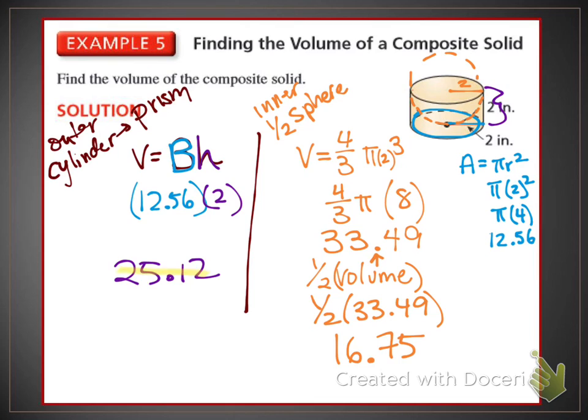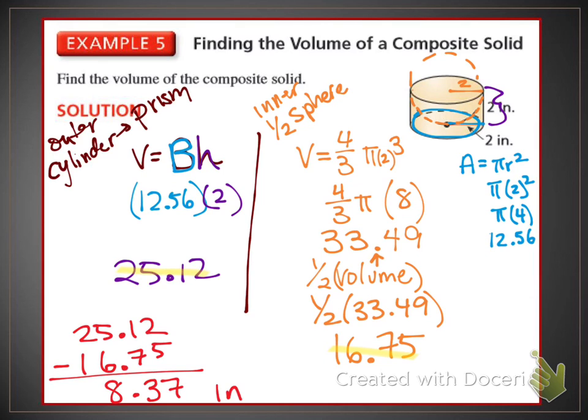All right, so these are the volumes of the outer and the inner. We do subtract them to find the total volume. So 25.12 minus 16.75, and we get 8.37, and it is inches cubed.